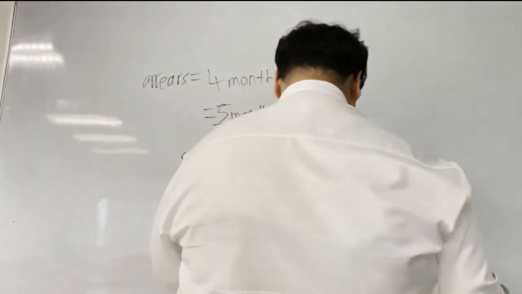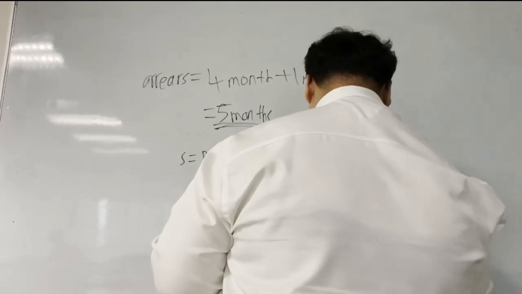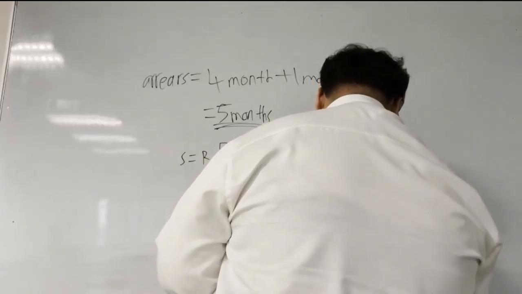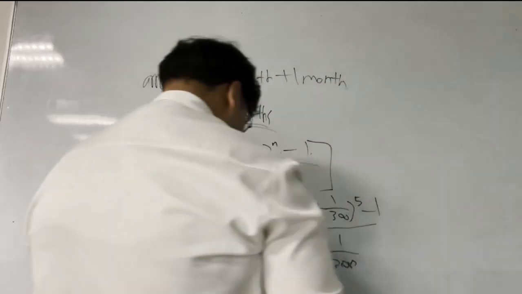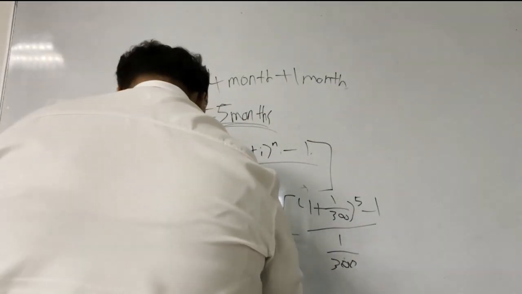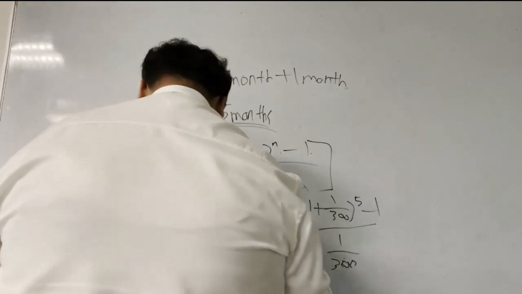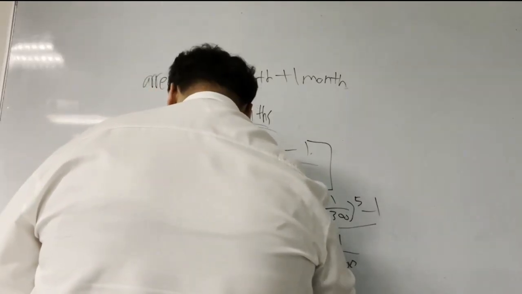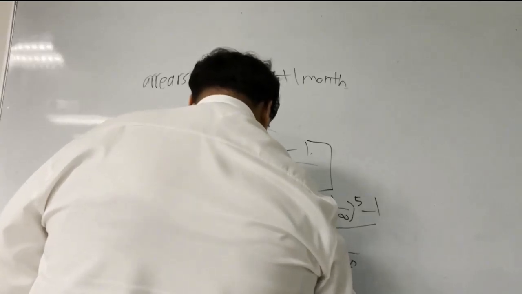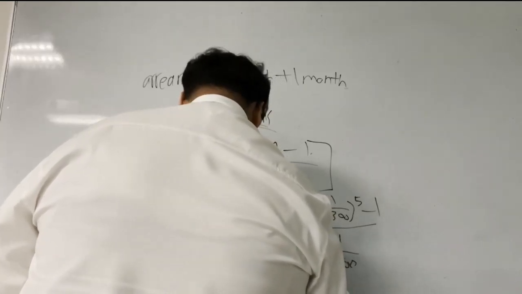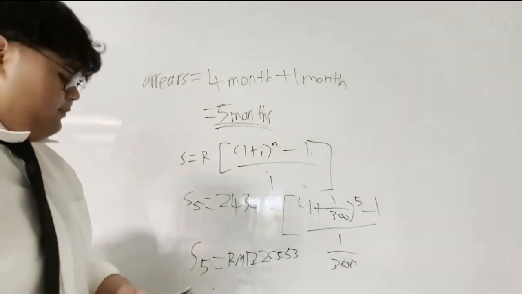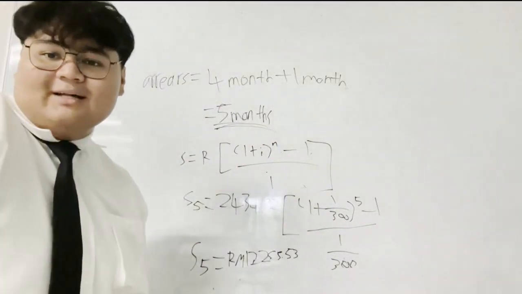And then minus 1 over 1 over 300. So we use the calculator to find the answer, which is RM12,255 cents. So this is how you find the answer for question B.